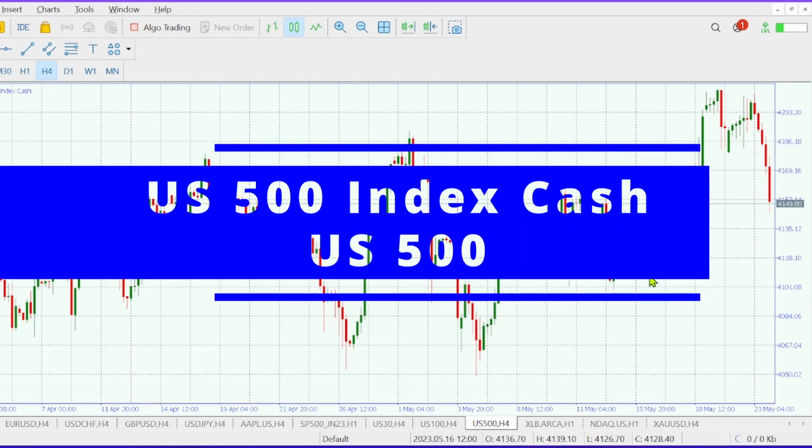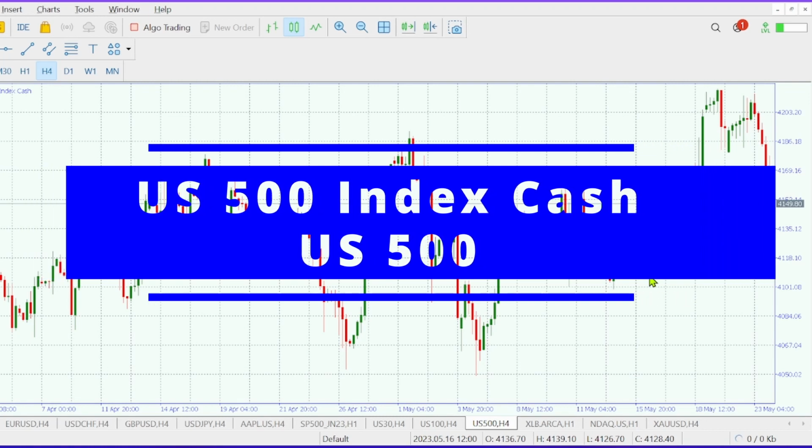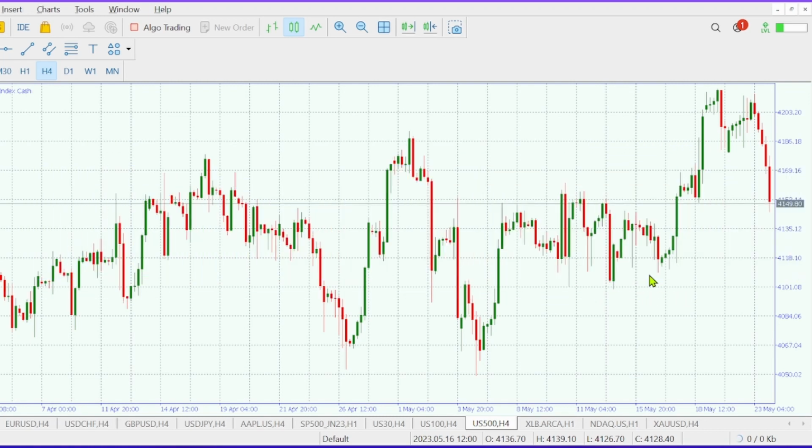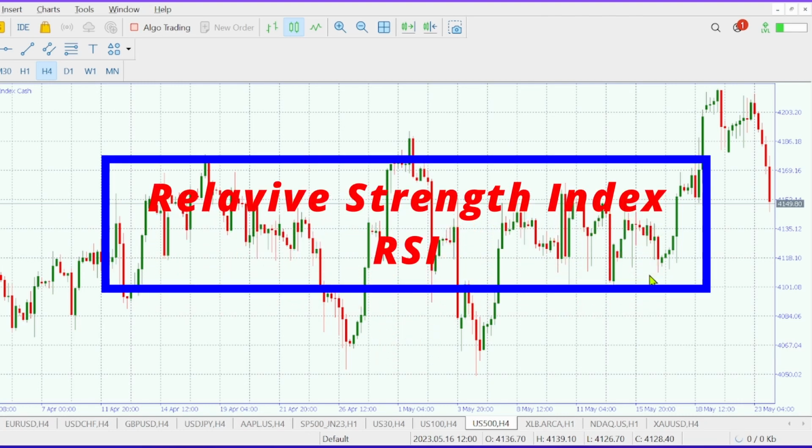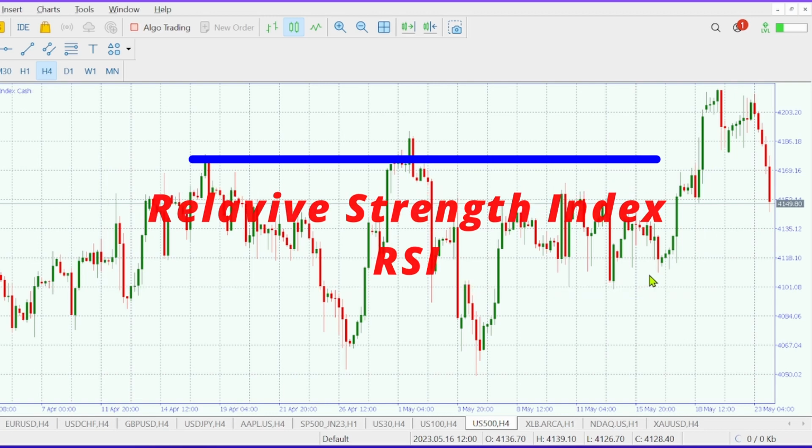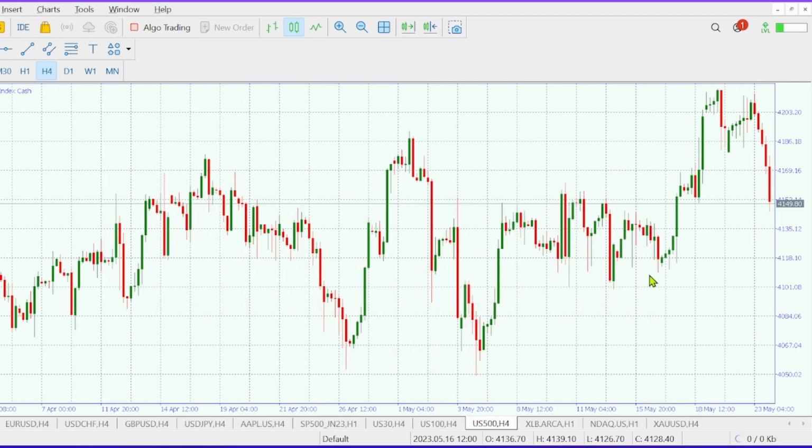Today we shall be looking at US 500 Index Cash on the 4 hours time frame. We shall be talking about how the RSI, Relative Strength Index, really works. First and foremost, let's do the support and resistance levels.